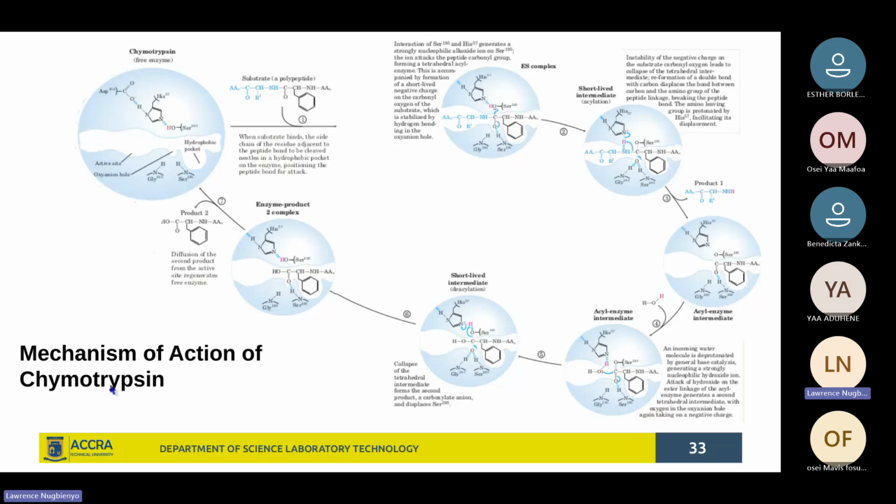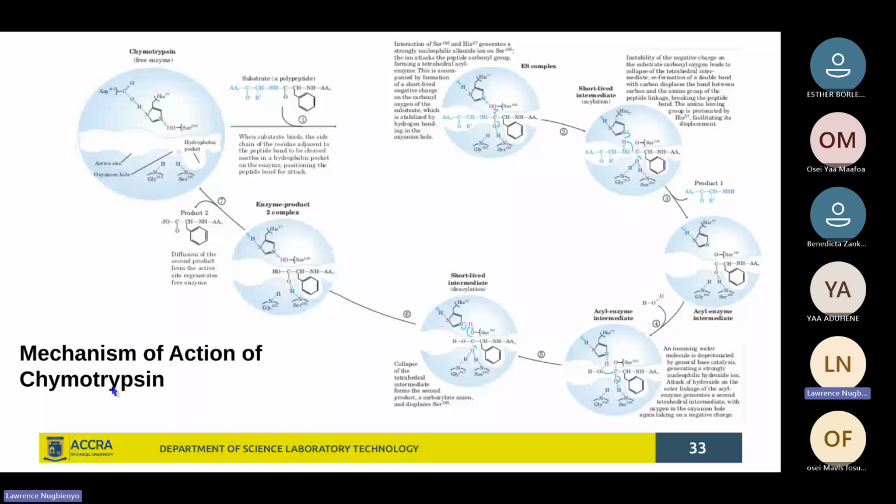And the type of bond that chymotrypsin breaks is a peptide bond that is formed between the carboxylic group of an aromatic amino acid and any other amino acid.